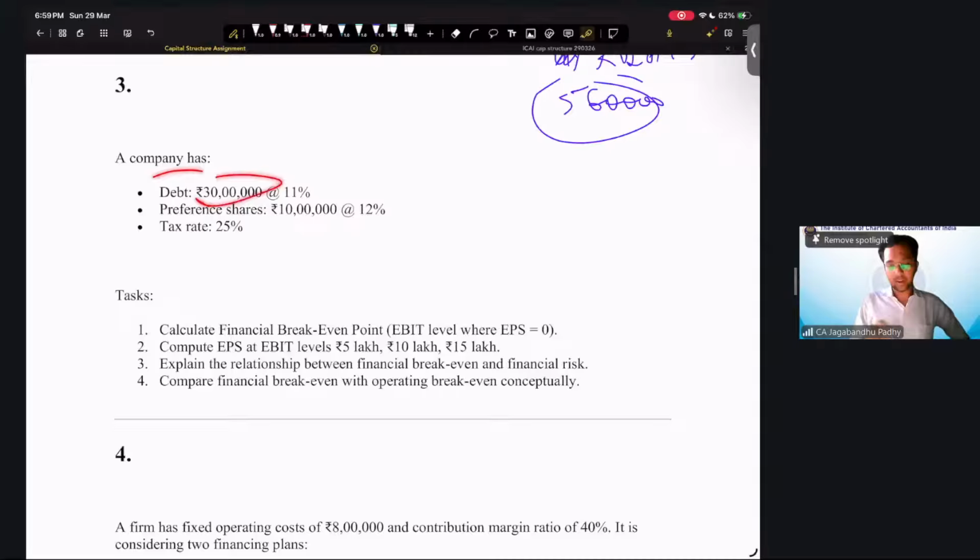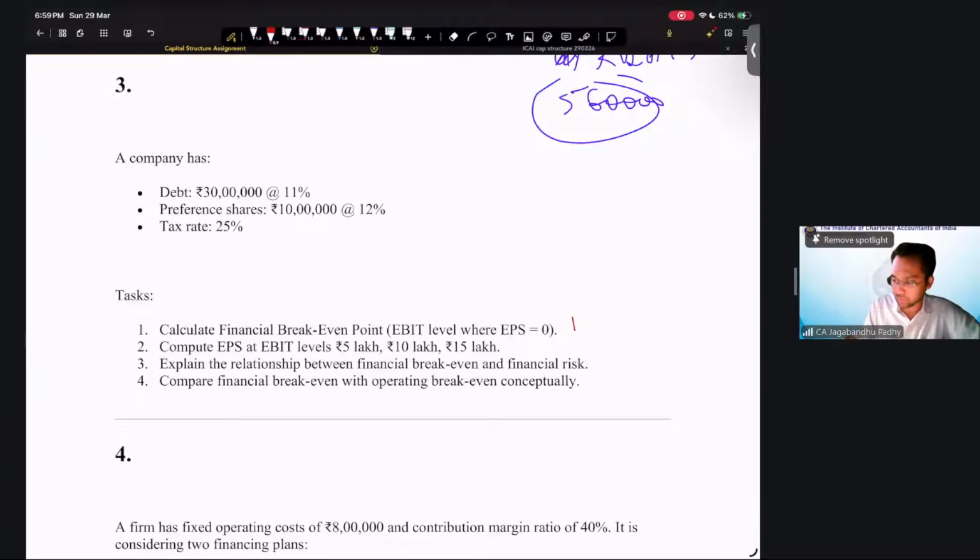A company has a debt of 30 lakh, preference share of 10 lakh, tax rate is 25%. You have to compute the financial break-even point, that is where EPS is zero. So the financial break-even point, we know, is interest plus preference dividend upon 1 minus T. Interest is 3,30,000 plus preference dividend, 10 lakh at the rate of 12%, it's 1,20,000, divided by 0.75.